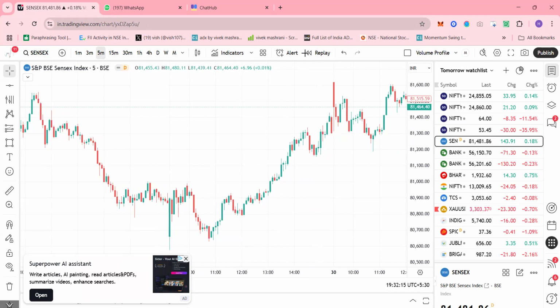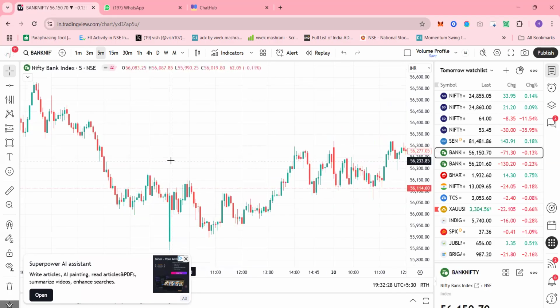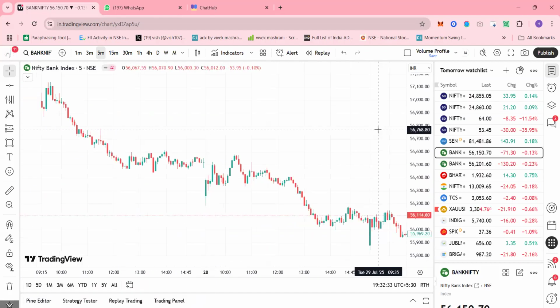Okay, good trade. So I'm asking, any other date you want to test, or maybe Bank Nifty. I'll take Bank Nifty last month, some random date.